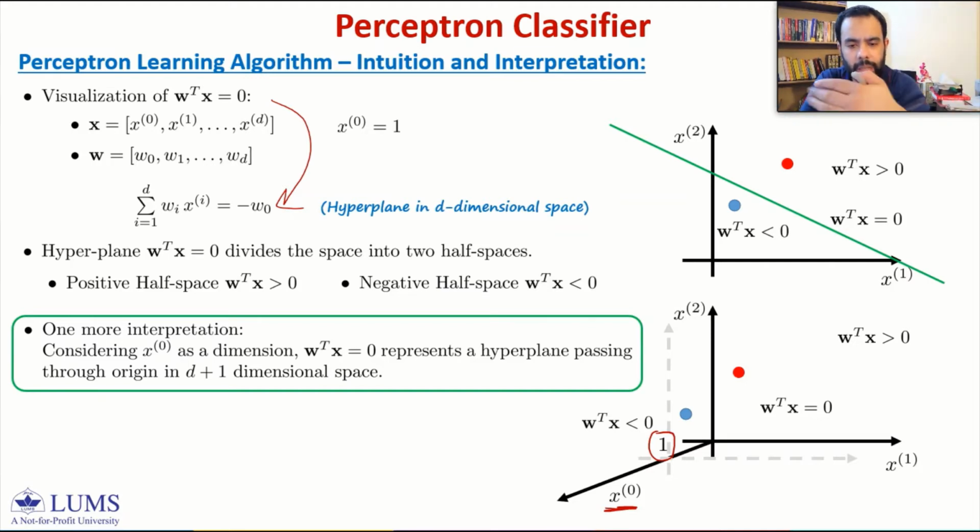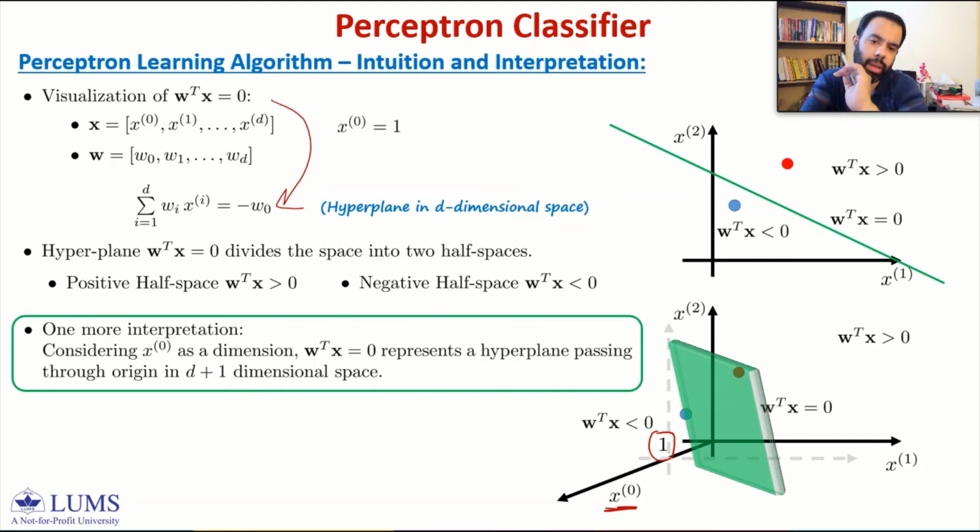Right? And if you see, this hyperplane would look like this. So it was a line in 2-dimensional space, but in 3-dimensional space, we know it's a plane. On this side, we have w transpose x greater than 0. This plane is w transpose x is equal to 0. And on this side, we have w transpose x less than 0. So the blue points are on the left-hand side of this plane, and the red points are on the right-hand side of this plane.